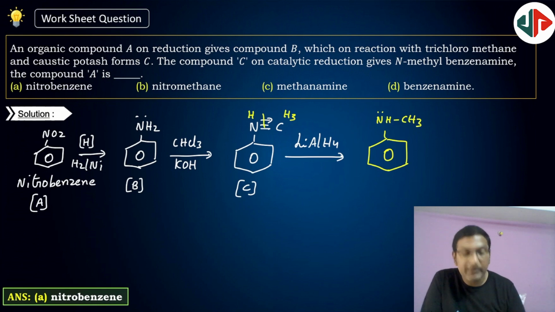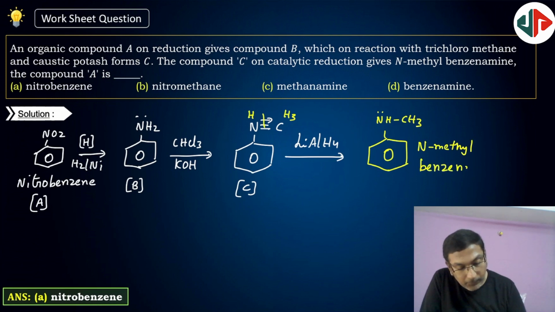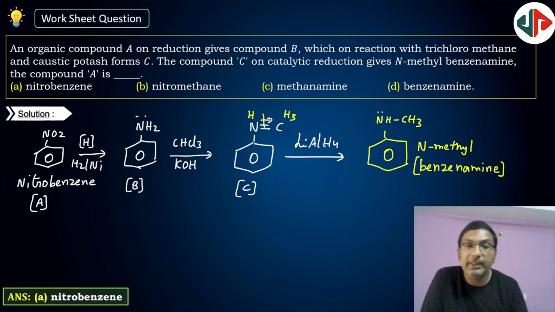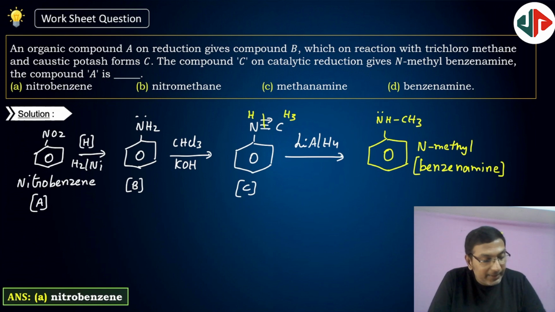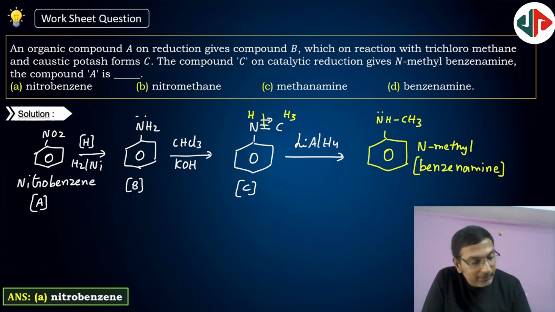The name of this compound, with N-methyl substitution, is N-methyl benzenamine. Benzenamine is the IUPAC name for aniline. So identify A: nitrobenzene. Therefore option A.